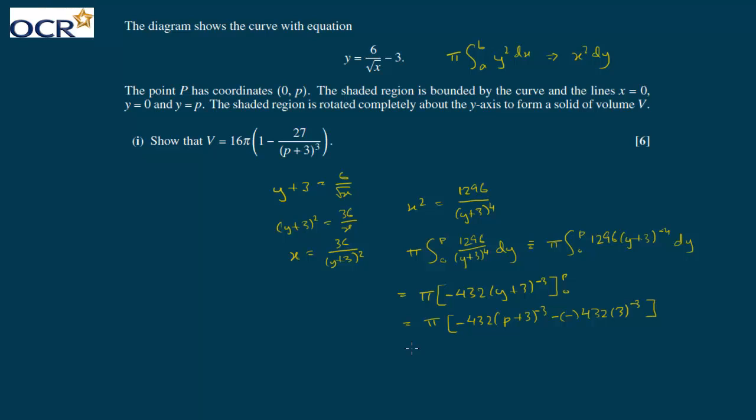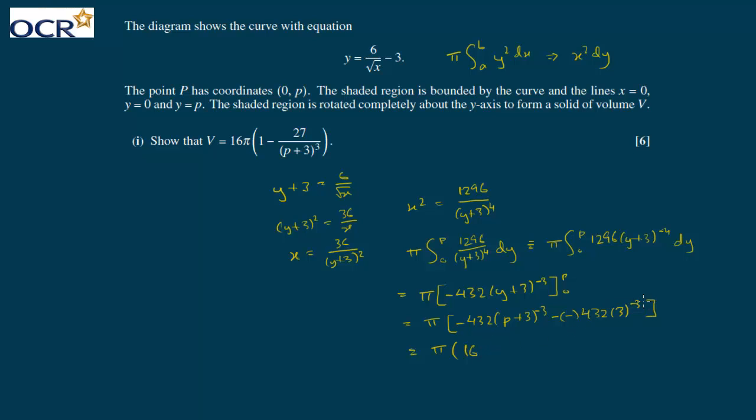Yeah. And if we simplify this, we get pi. And let's just go back to regular brackets now. That becomes a plus. I'm going to bring that in front because it's nice to have the plus and then the minus part here. Okay, so 432, that becomes 27. And 432, because that's 1 over 27, divided by 27 is just 16.